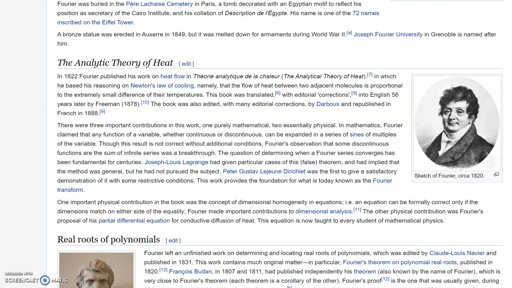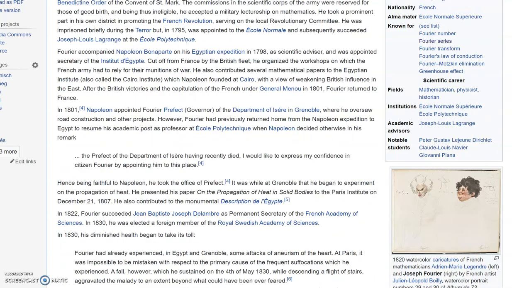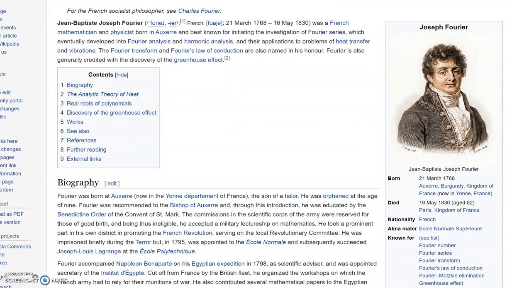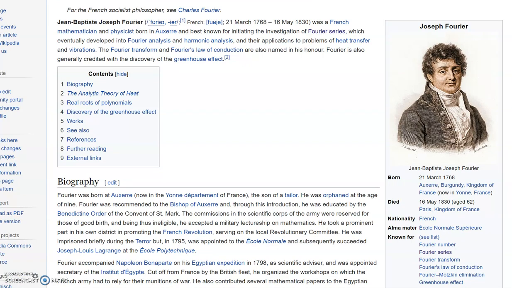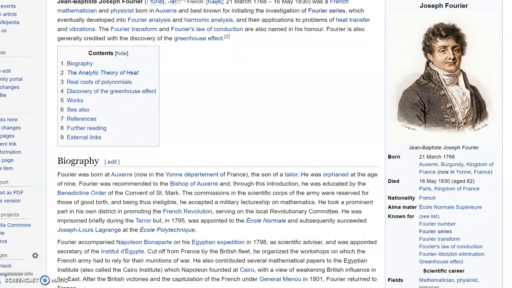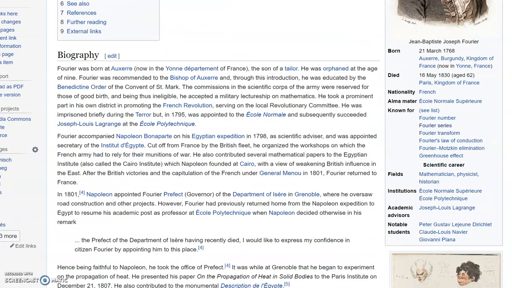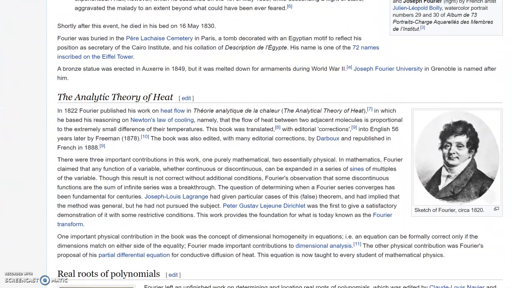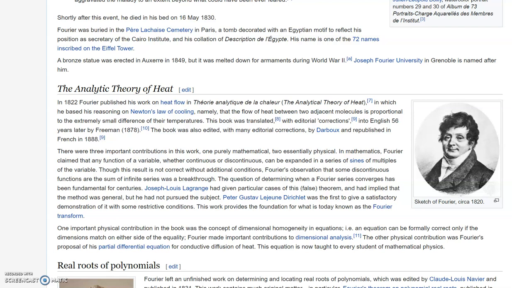And actually, the Fourier series were first described by Joseph Fourier, a French mathematician who was mathematically active at the beginning of the 19th century. That was established by him. This is what we are going to describe as the orthonormal basis for our L2 space.